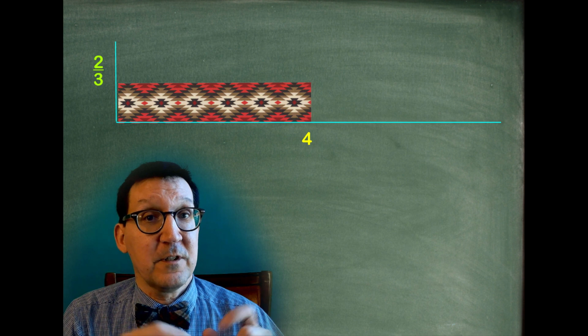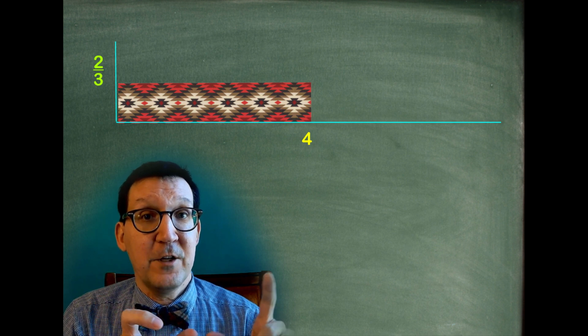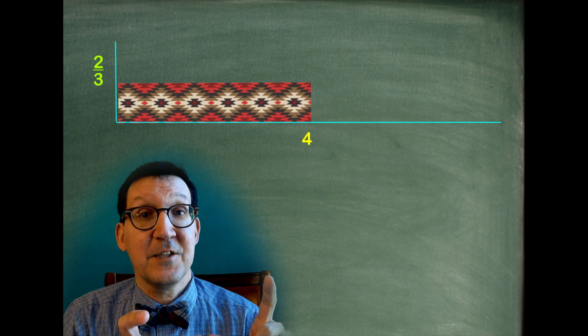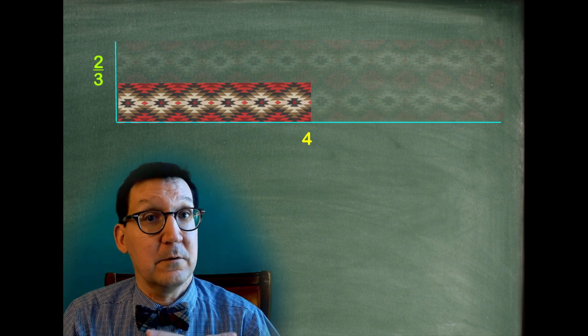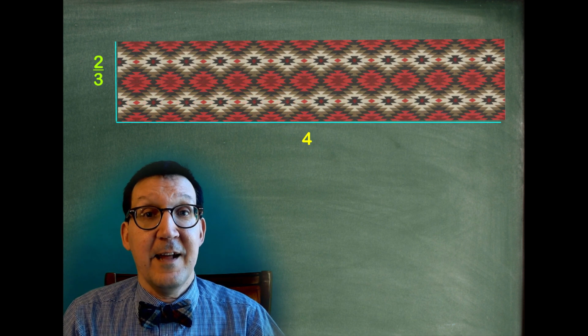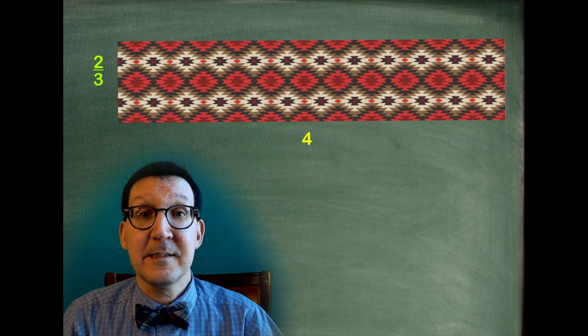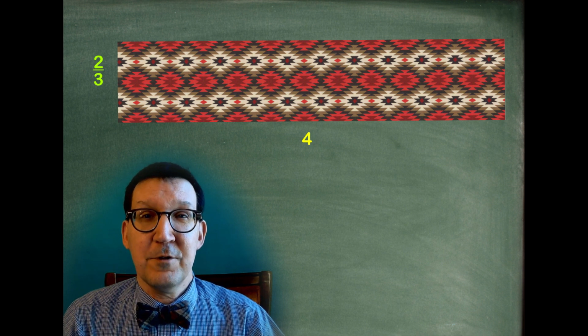So if it was 1/3 by 2 yards, then if you double the base to 2/3 of a yard, the length has to increase to 4 yards. And as you can see, that's 4 times as much fabric. It's 4 times as big, but it's still in the same proportion.